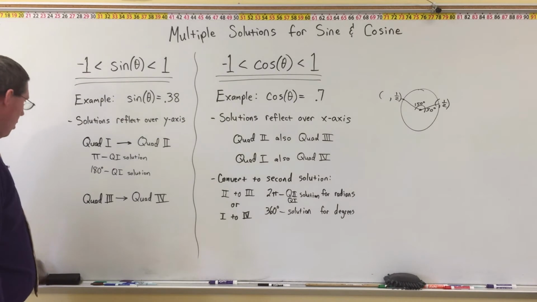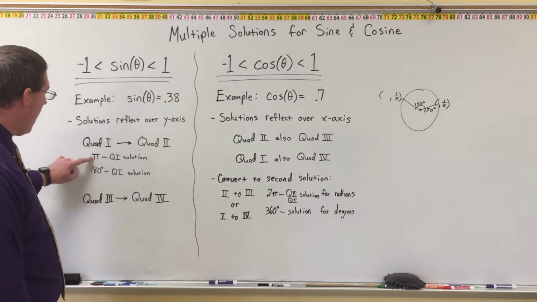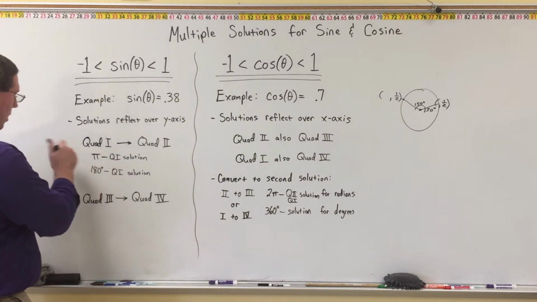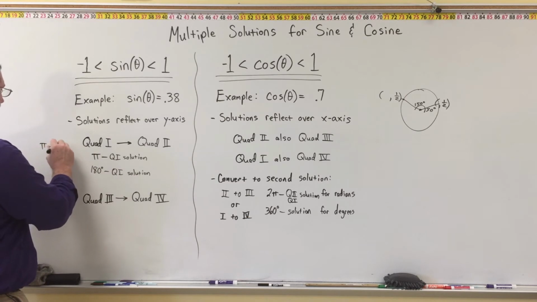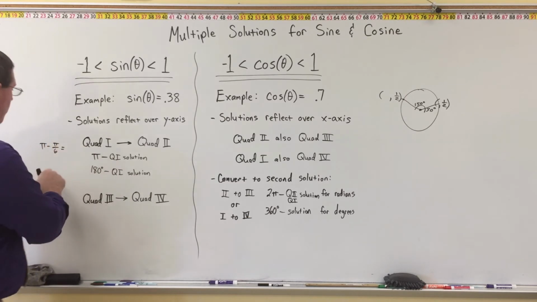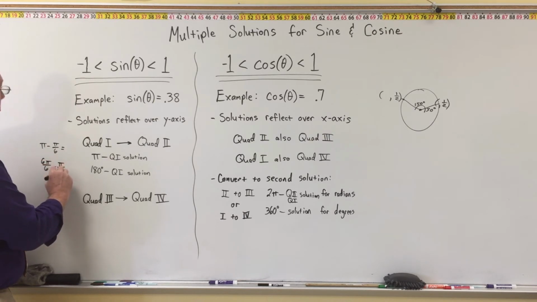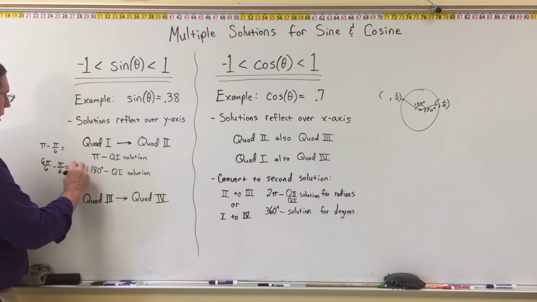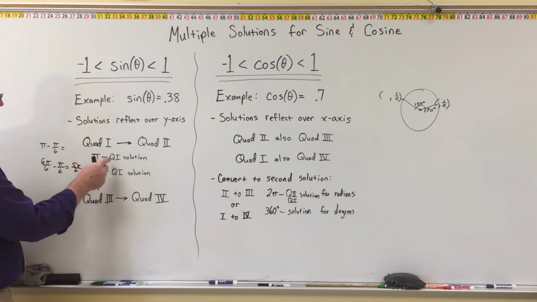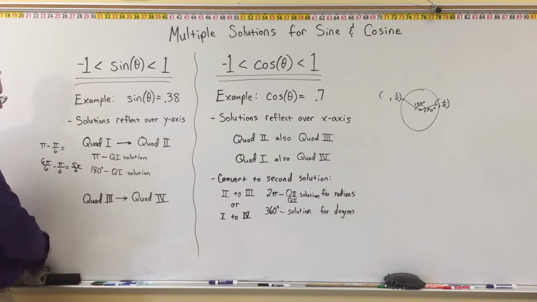Okay, so if we did pi minus pi over 6, well, let's turn pi into 6 pi over 6 minus pi over 6 gives us 5 pi over 6, and therefore this solution works, okay?